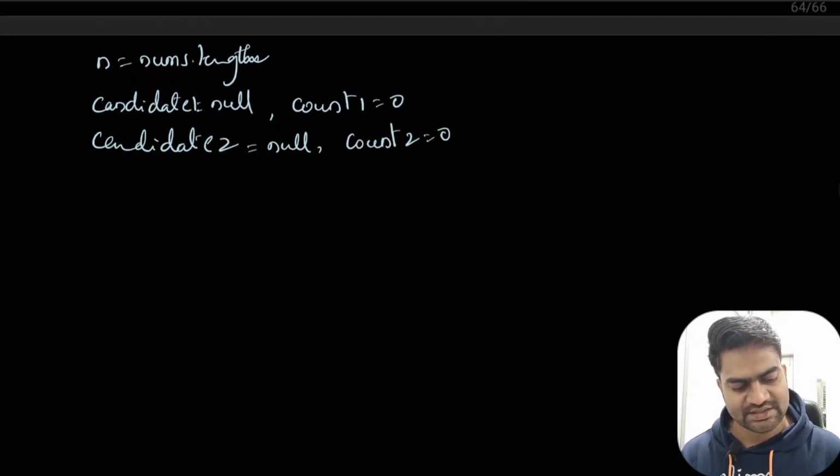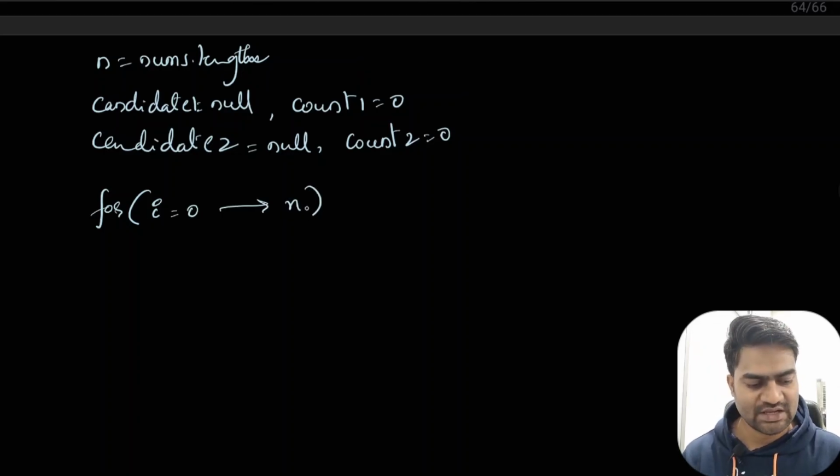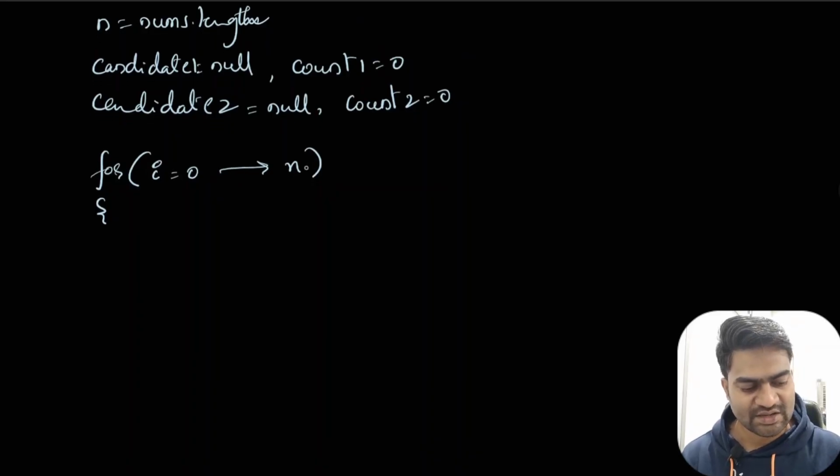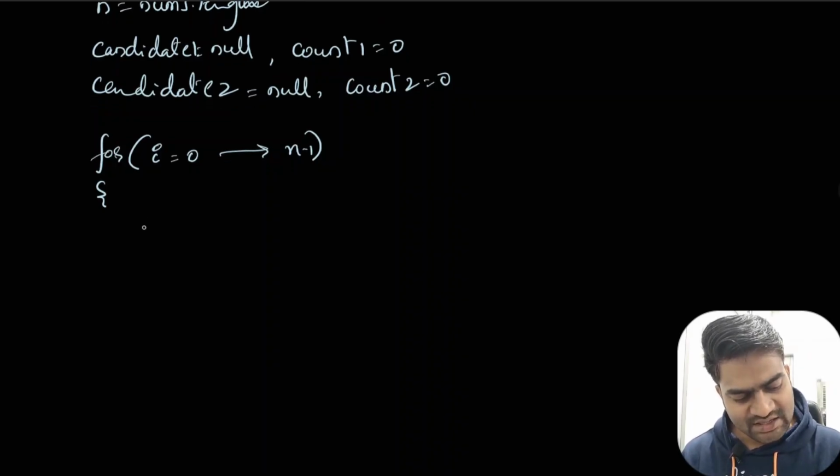With this, now I will iterate over the array for i equal to 0 to n minus 1, because we will iterate from 0 to n minus 1.